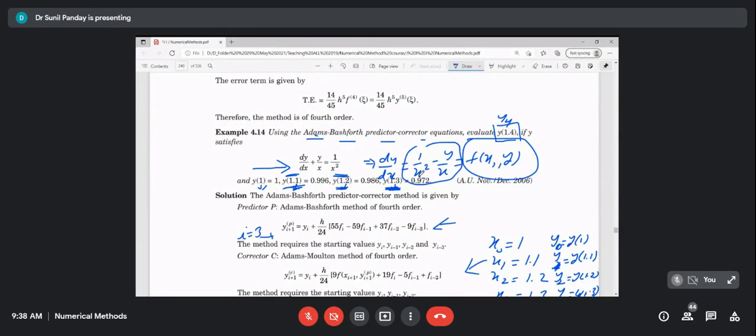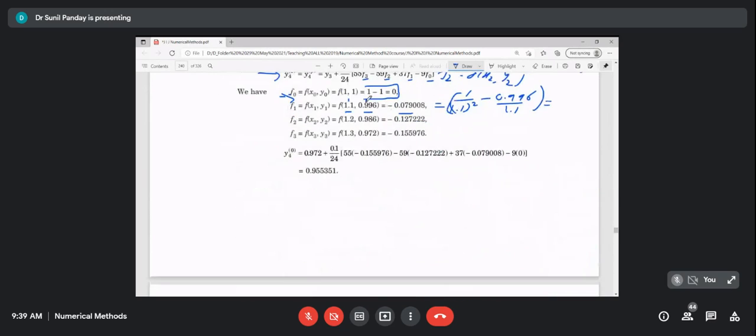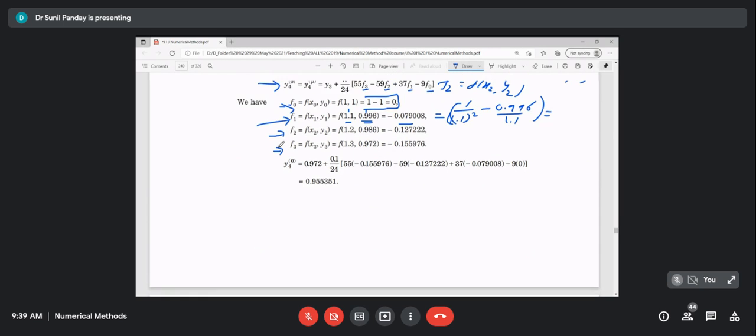F of xy has 1 upon x square minus y upon x. So here y is 0.996 and x is 1.1. So this is your f1. Similarly, you can have f2, f3 also.